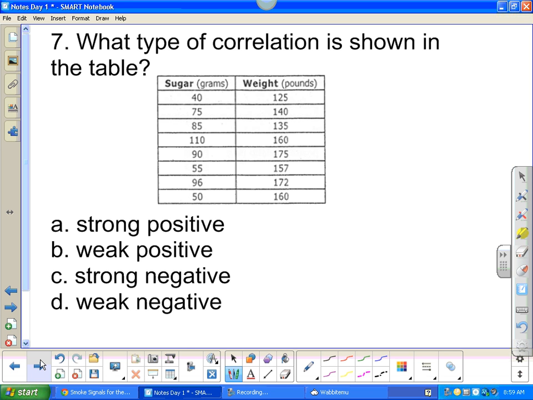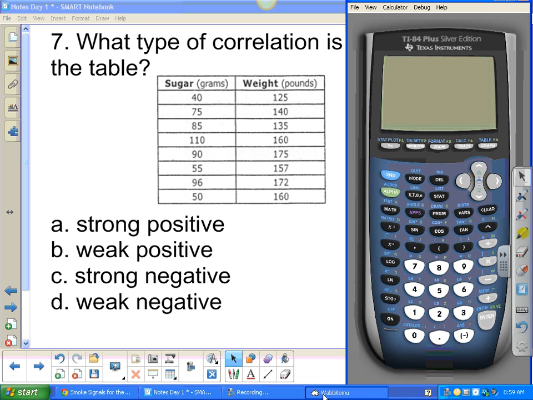What type of correlation is shown in this table? So here they give us information about sugar and weight. And it wants us to tell what kind of relationship it is. Now, this is not something you just kind of stare at and estimate. You take your calculator and you type this data into your L1 and your L2. So everybody grab your calculator, go to Stat. I want to edit. I need to clear out my L1 and my L2, and feel free to pause this video while you do that and type in your data.